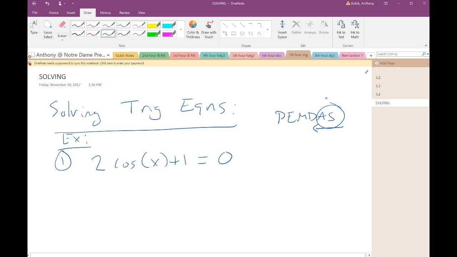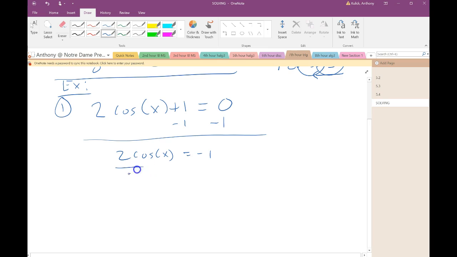Do we see any addition and subtraction? Yeah, we have that plus 1. So to undo it, I'll subtract it. No more addition and subtraction to undo, right? Next thing we should do is undo any multiplication or division. Do you see any of that? I do too. I see the 2.